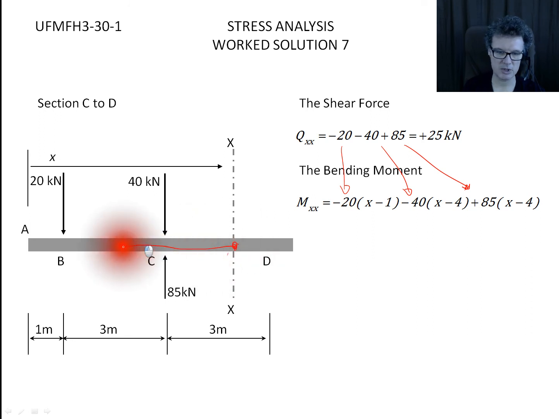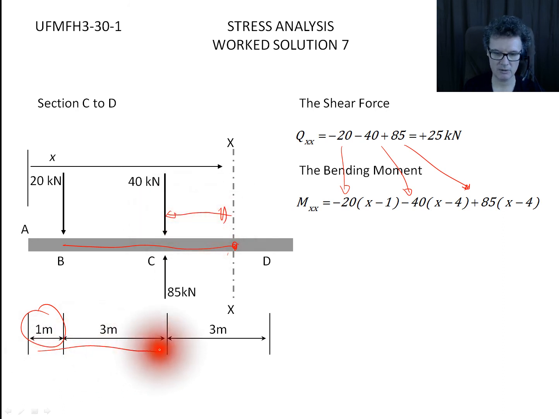So the minus 20, well, that has a distance of x take away 1, and to get from here to here, that's going to have a value of x take away 4. So open a bracket, x take away 4, and then that's my bending moment diagram.